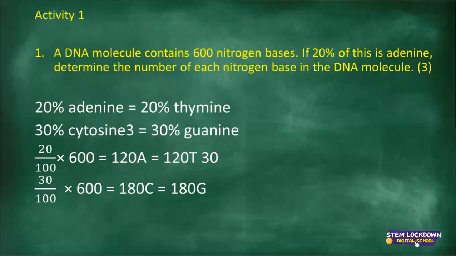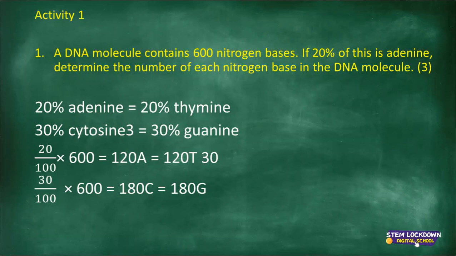And what is going to happen is that since we just recalibrate 20% to 20 divided by 100 and multiply by the total number of nitrogen bases, then you get 120. So if you get 120, then automatically your thymine will also be what? 120.